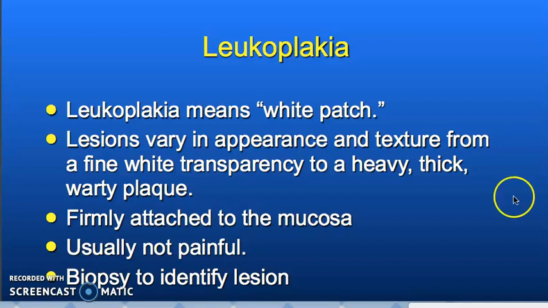Now there's our word again, plaque, that I was talking about in the other slide, that is like a raised area that extends from the tissue. So this could be white, and typically it is. It has a transparency to it. It can be heavy and thick and warty in appearance.